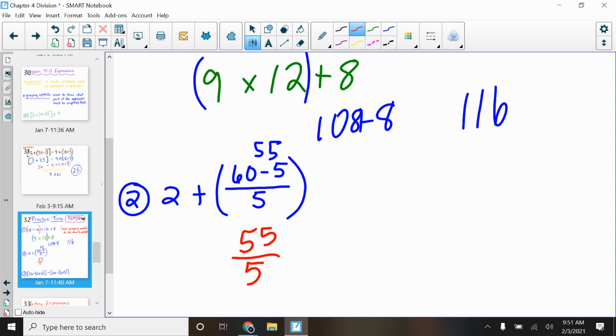And I know that 11 times 5 is 55. So 11 will be your number here. So 11 fits into this. And then you bring it down, so 11 plus 2 equals 13. And so this is your answer.